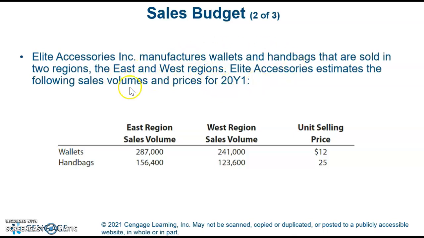Elite Accessories estimates the following sales volumes and prices. In the East region, we're going to have this sales volume. The West, we're going to have this. And the unit selling price, no matter where we are, is $12 for the wallets and $25 for handbags. So when we make that sales budget, it's going to look like this.